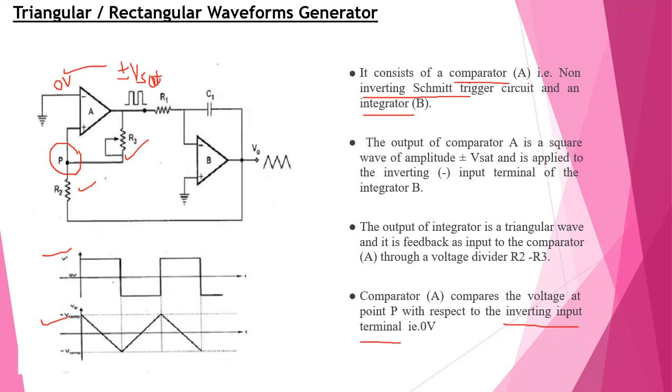The comparator used is a non-inverting Schmitt trigger circuit, and this is the basic integrator circuit. The output of the comparator is a square wave of amplitude plus or minus Vsat.